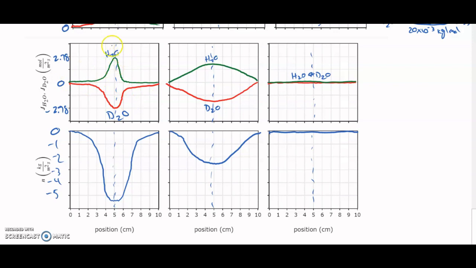Since H2O was diffusing in the positive direction, it was a positive 2.78 moles per meter squared times seconds. And the D2O was diffusing in the negative direction, so it was a negative 2.78. And that was right at the partition at 0.1 seconds. So that is why it gives this profile for each component.